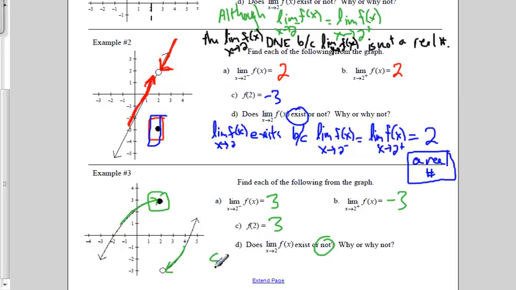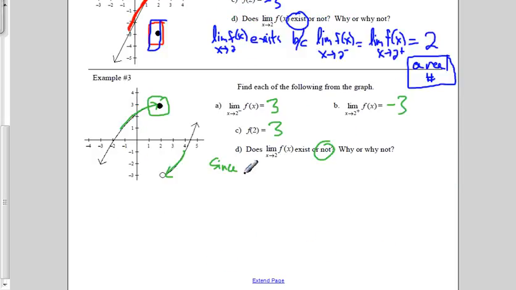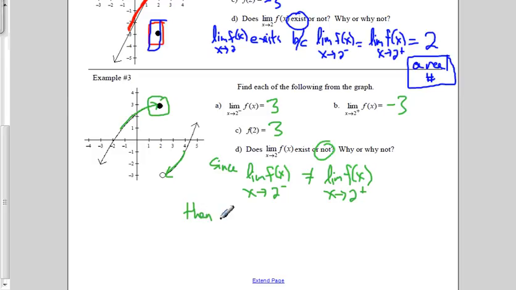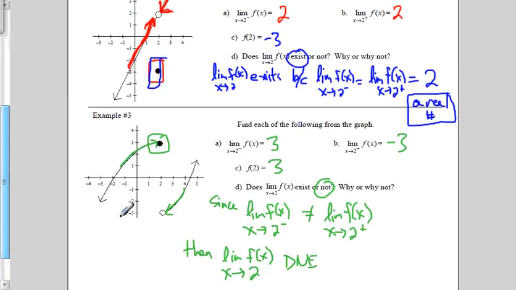Since the limit of the function as x approaches 2 from the left does not equal the limit of the function as x approaches 2 from the right, we can conclude that the limit of the function as x approaches 2 does not exist. So what do we have here? A jump discontinuity.